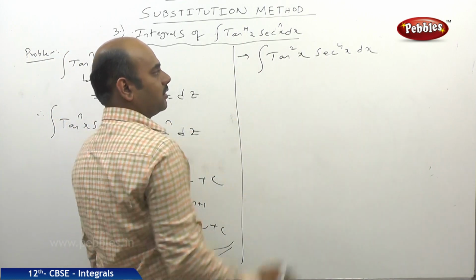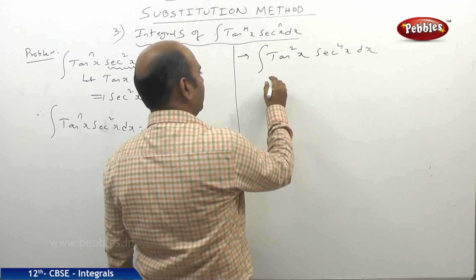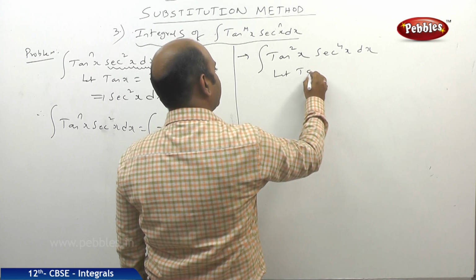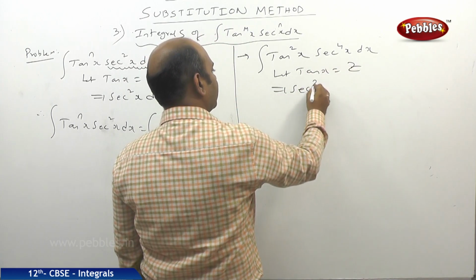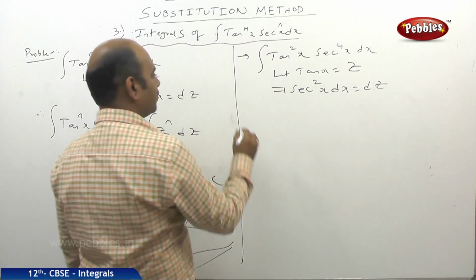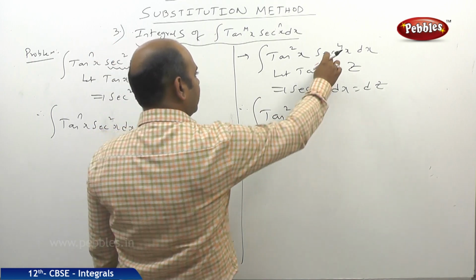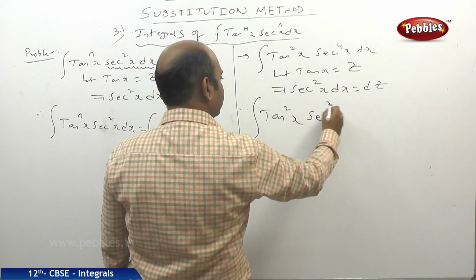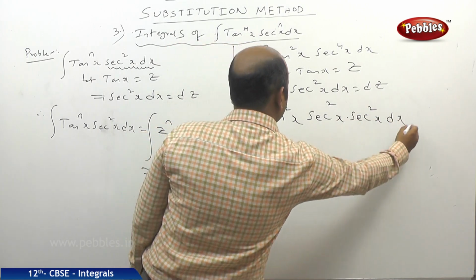Integral of tan square x into secant power 4x dx, a little bit complicated, but here also I'll be putting tan x is equal to z. So what happens? Secant square x dx is nothing but dz. So therefore tan square x, and here secant power 4x can be written as secant square x into secant square x dx.